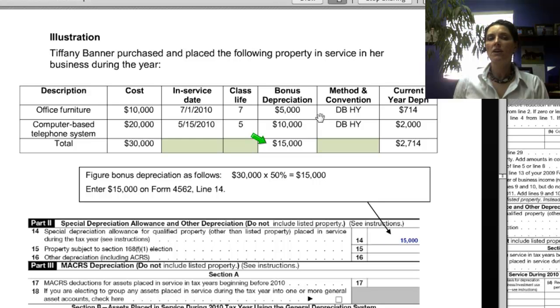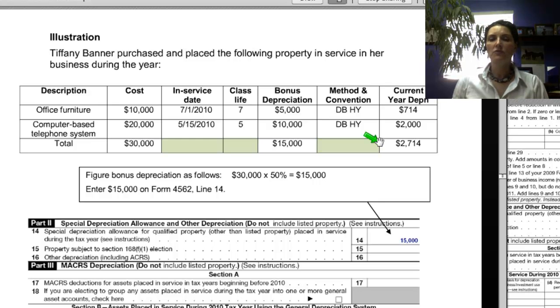We then take the remaining cost basis of the assets, which is $5,000 for the office furniture and $10,000 for the computer system, and we're going to apply the half-year convention. That gives us $714 of depreciation on the office furniture and $2,000 of depreciation on the phone system. Total current year depreciation will be $2,714.